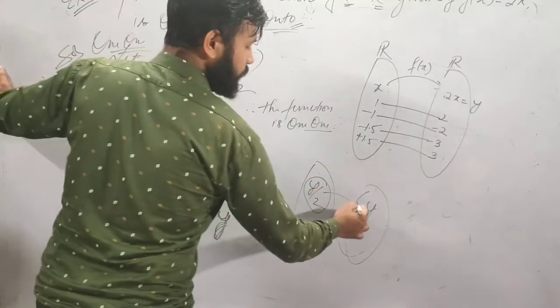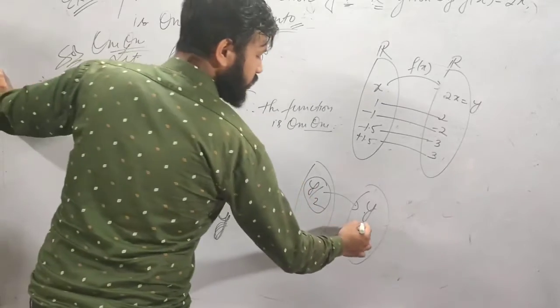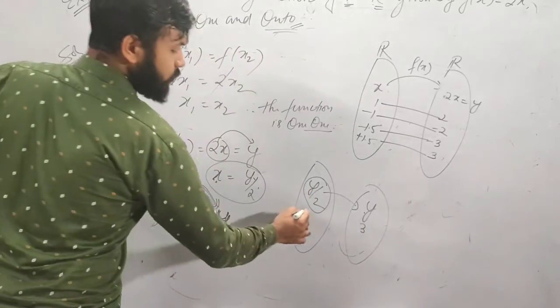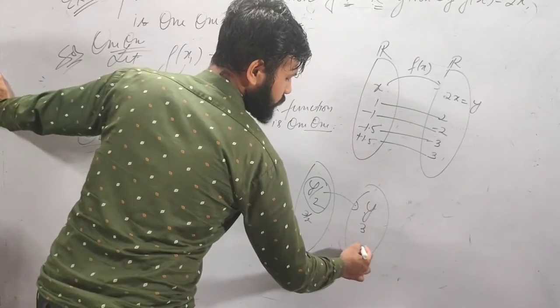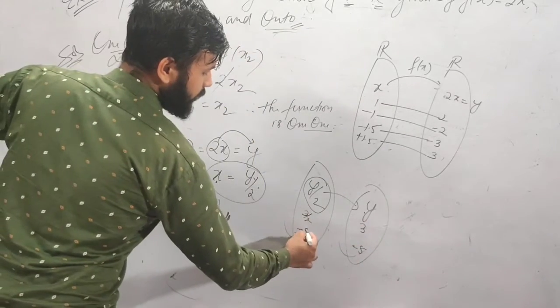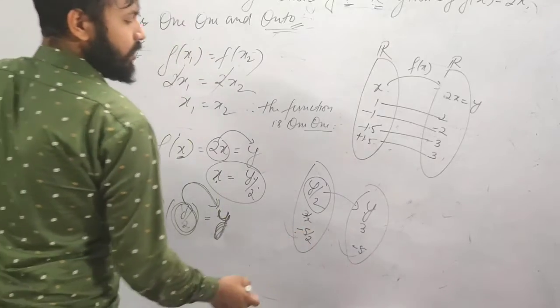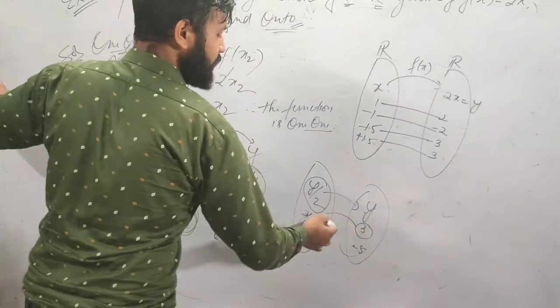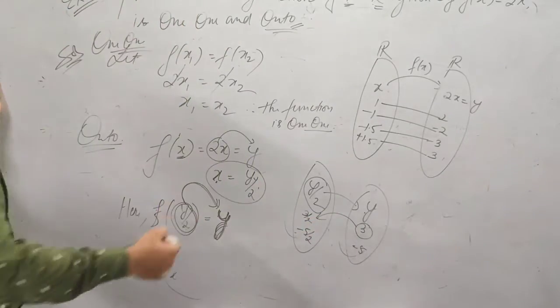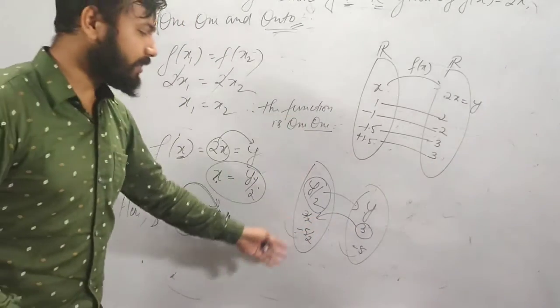Now you can say anything. If you take 3, what is the pre-image of this? It will be 3 by 2. If we take minus 5 also, what is the pre-image of this? Minus 5 by 2. That means whatever element you put here, you will get some desired pre-image in the domain.